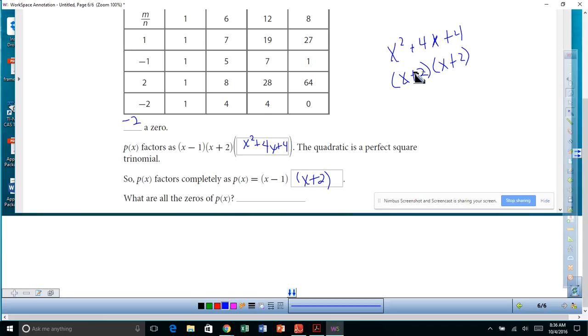So you got 1, 2, 3, that's going to be x plus 2 cubed. So what are the zeros of p of x? You got 1, and you got negative 2 with a multiplicity of 3. Okay, that's how they write it. You can write it out all the way or not.